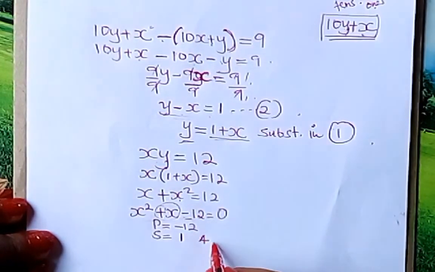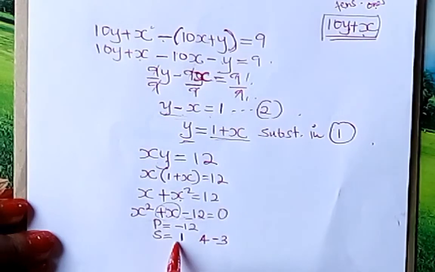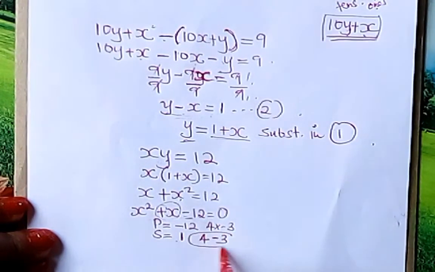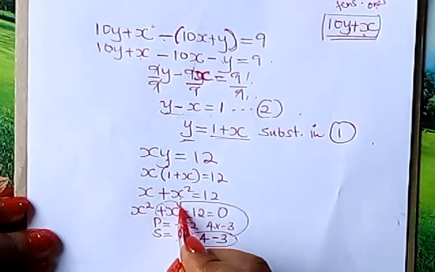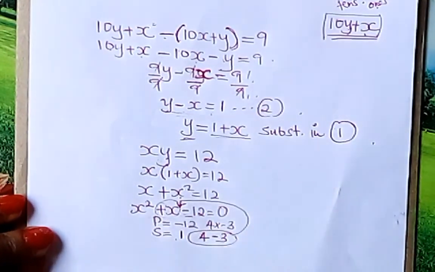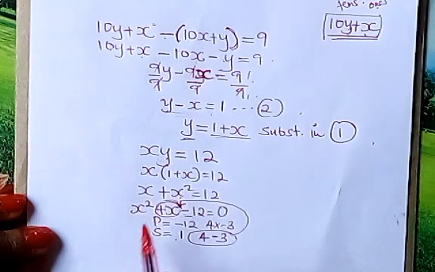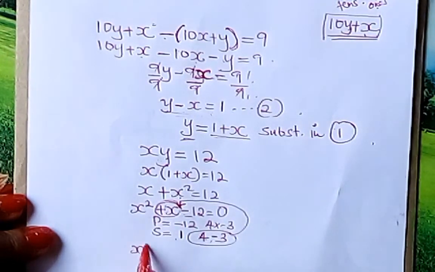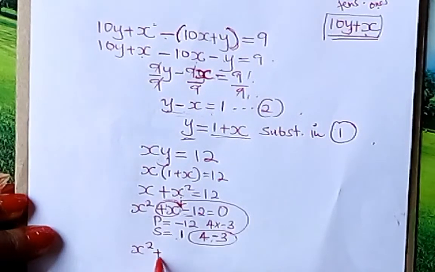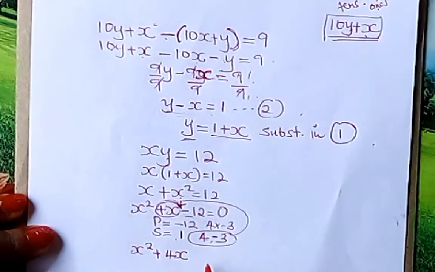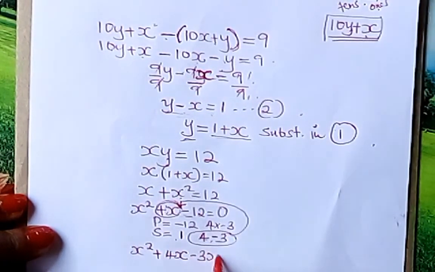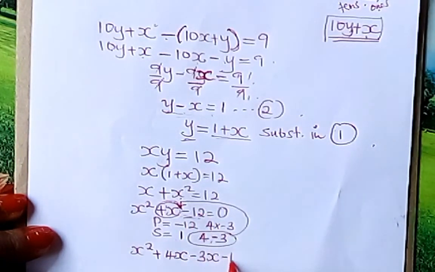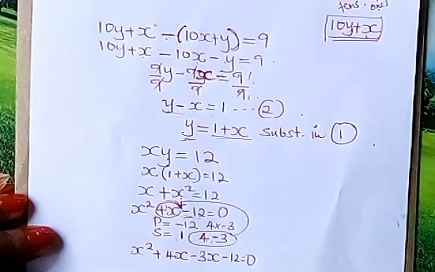The numbers that you add to get this, and if you multiply the same numbers, you get this, are 4 and minus 3. We know how to factorize this. So you say x squared plus 4x minus 3x, then minus 12 is equal to 0.